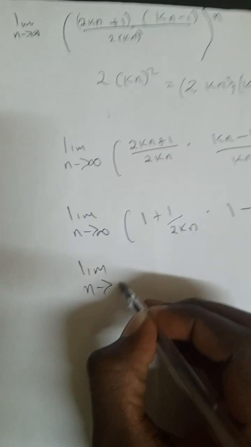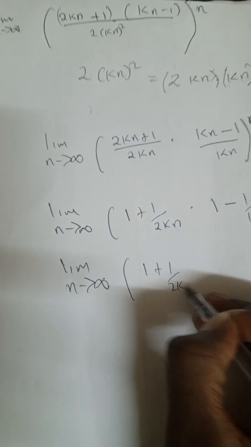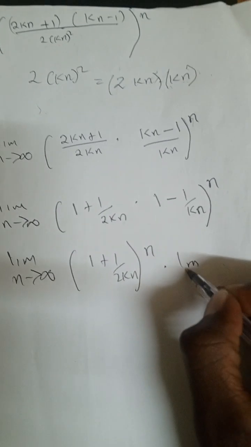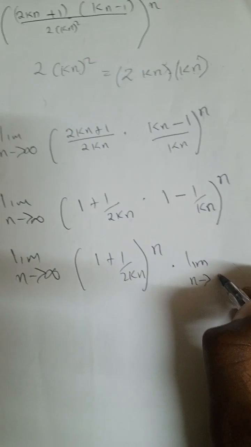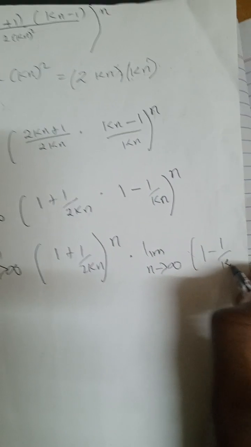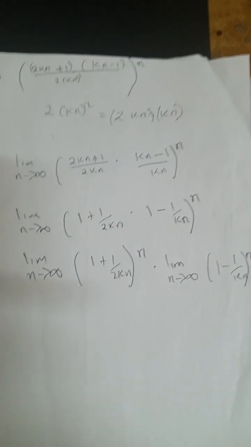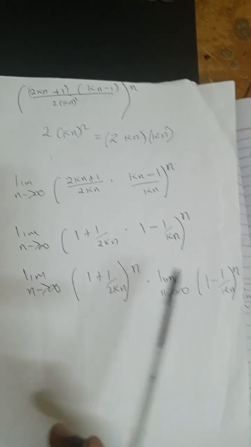So what we are going to get is the limit of 1 plus 1 over 2kn to the power n, multiplied by the limit of 1 minus 1 over kn to the power n. Now remember what we did at the start of the video.